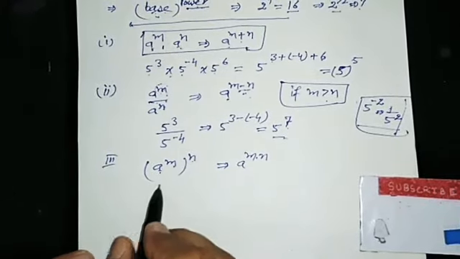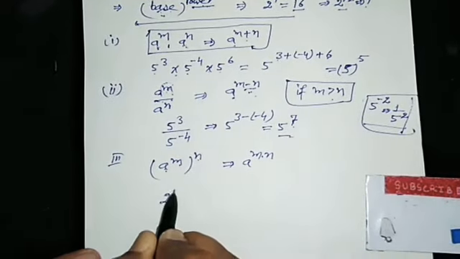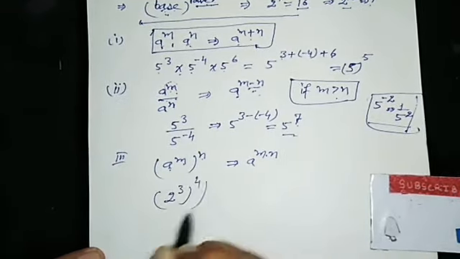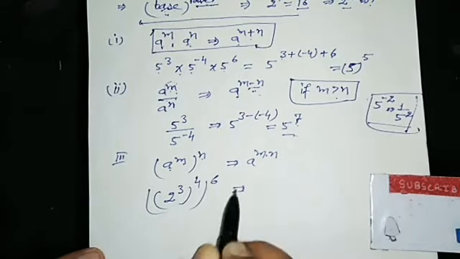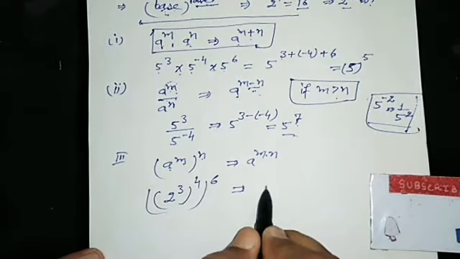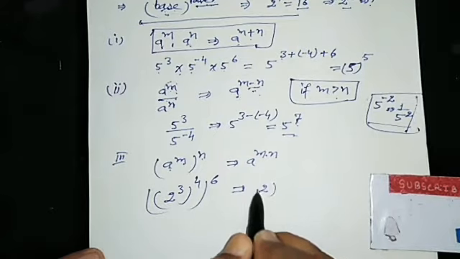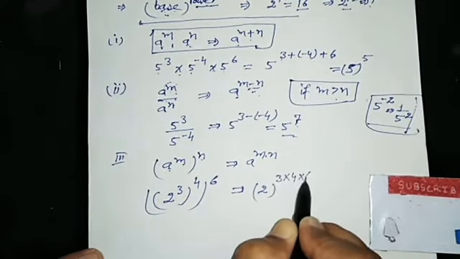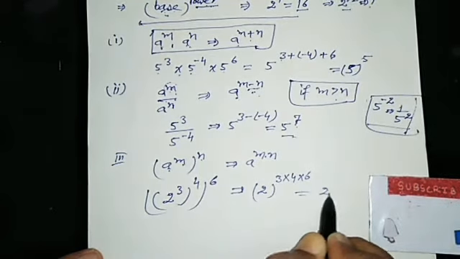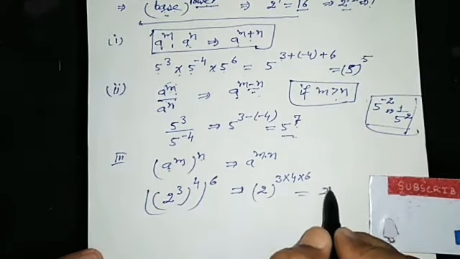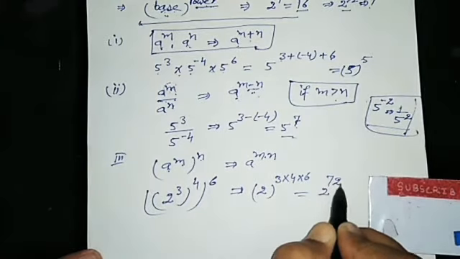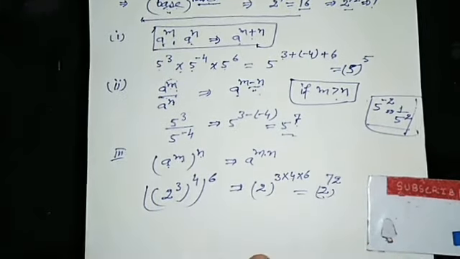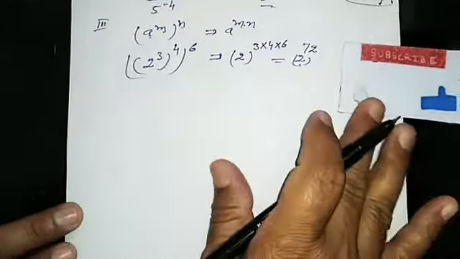You can take the example 2 power 3, power 4, power 6. Any number of powers you can take. The base is the one whole and these powers multiply with each other. That would be 3 times 4 is 12, times 6 is 72. Okay, this is the operation. I think you will clearly understand.